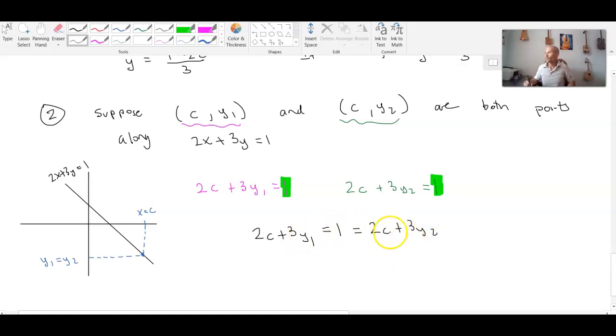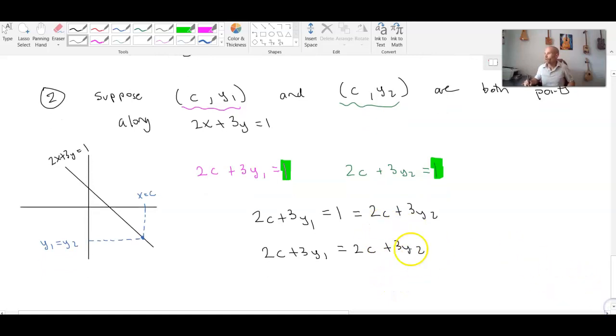We can set those two equations equal to each other. 2c plus 3y1 equals 2c plus 3y2. And watch what happens now. We see that on both sides of this equation, the two c's will cancel, and now I'll be left with the statement 3y1 equals 3y2. And now when I do division by 3, I see that this leads exactly to the conclusion that y1 equals y2.